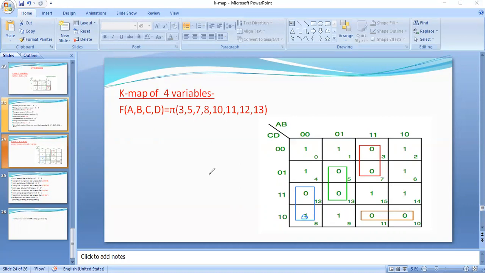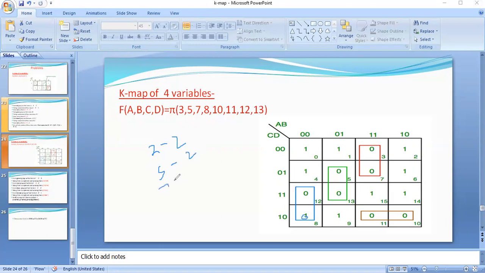So here we may take any max term. First I am considering 3. First I am writing the number of adjacencies. For 3, the number of adjacencies is 2. For 5, 2.